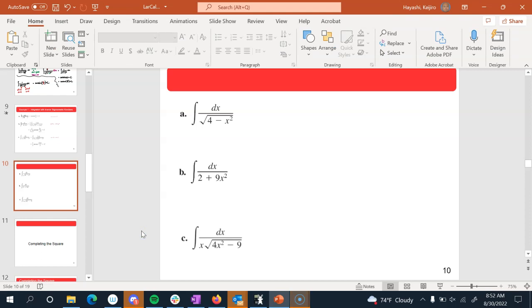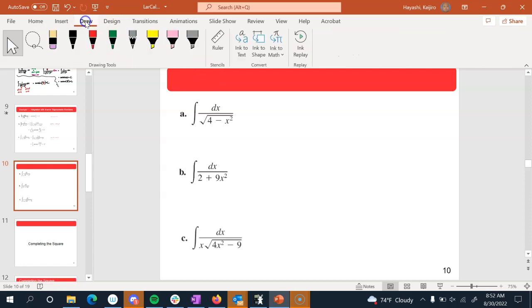Alright, so these are 3 integrals. You can sort of tell by looking at them, they're probably going to each become a different inverse trigonometric function. But in every situation, it would definitely be the best thing to identify what a is and identify what u is.